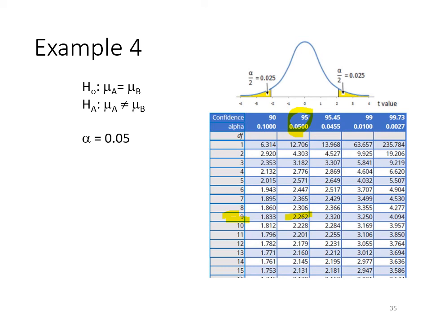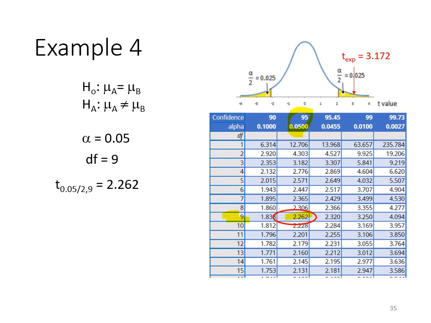And we can, again, we've got same null and alternative hypotheses. We've calculated our critical t is 2.262. We can show the experimental t value on the plot here, and it's about 3.17.